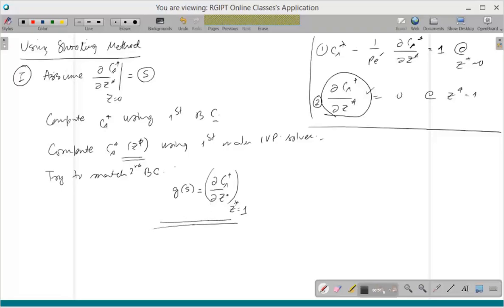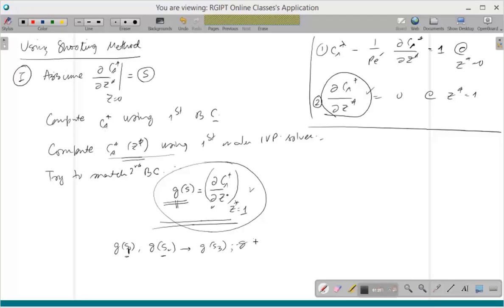That I can evaluate by solving this, and then if you know G of S, I know how to calculate. Then you can calculate G of S0, G of S1 and G of S2. I have to take two guesses about this quantity, the left edge slope. I'll take initial two guesses, and then I'm all set to calculate G of S3 and so on.